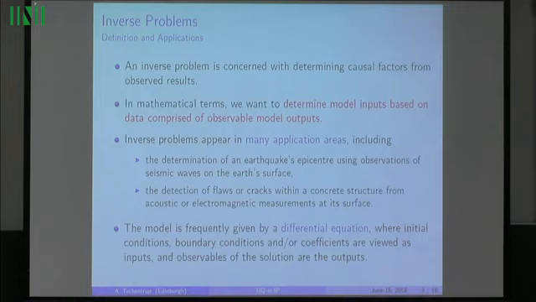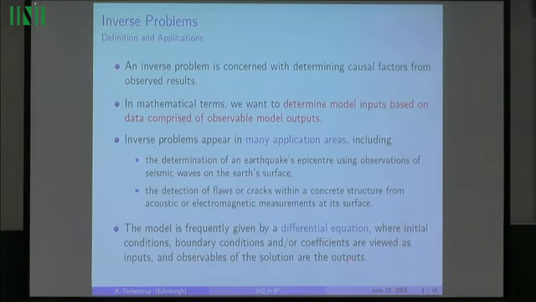In this example here, we actually want to infer the properties of the medium. So again, in the wall example, we want to infer the properties of the wall, so material properties of the wall, and that's actually related to the coefficient that you have in these PDEs here. Okay? So those are going to be our inputs, and the outputs are going to be just observables of the solution.